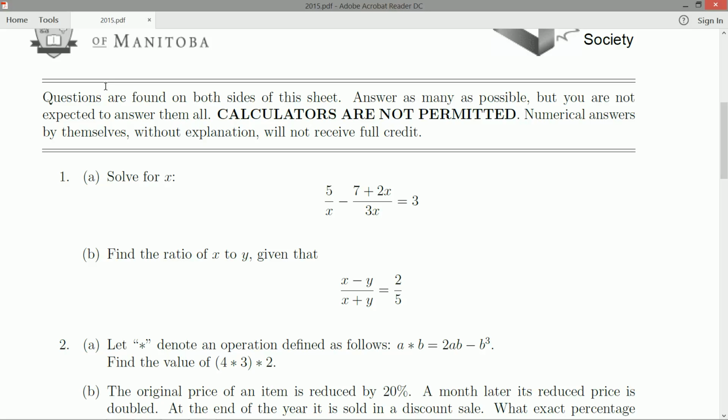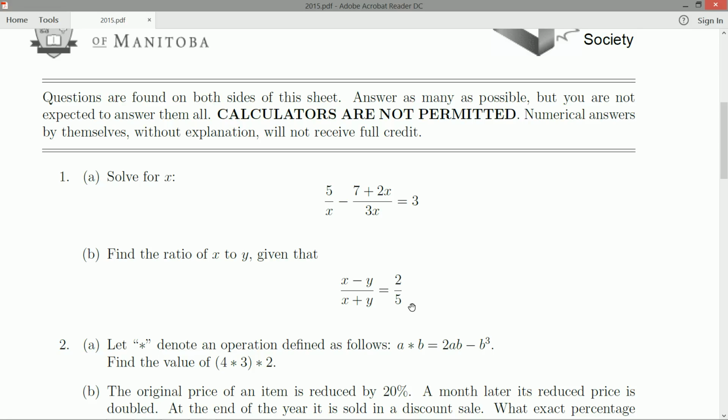So, on to B part. Find the ratio of x to y, given that x minus y over x plus y is 2 over 5. Okay. So find the ratio of x to y. So whatever x is, we're going to write that down, then we're going to have a colon in between them, and then whatever y is, and then if there's common factors, we'll reduce that sort of stuff.